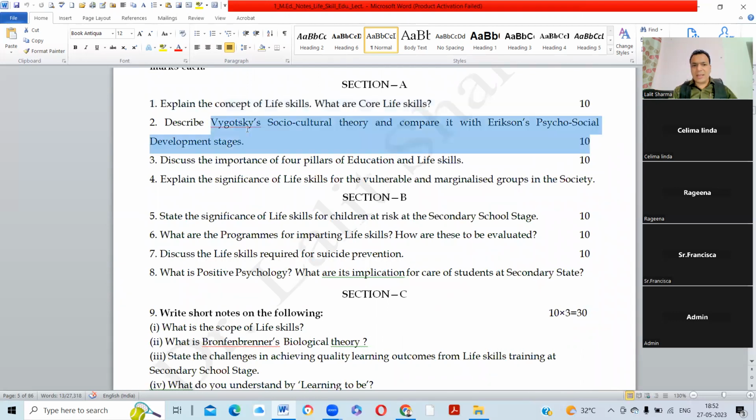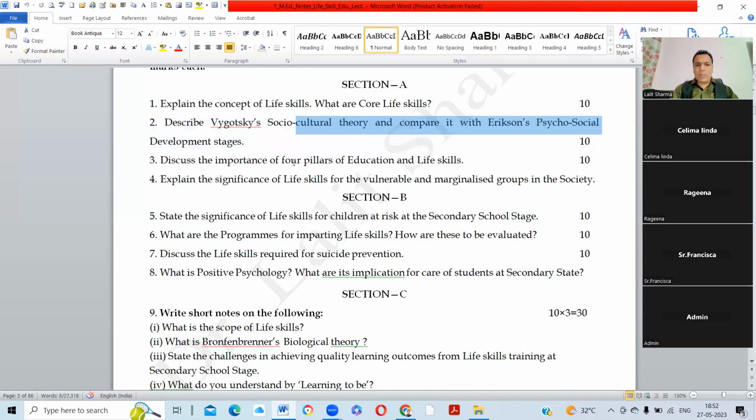Second question, guys, one theory has come out of the four theories. One is Piaget theory, then Erikson theory, then Vygotsky, and one more. Out of the four, one theory has come: Vygotsky's sociocultural theory, and compare it with Erikson's psychosocial theory.